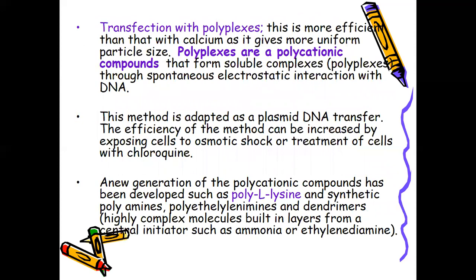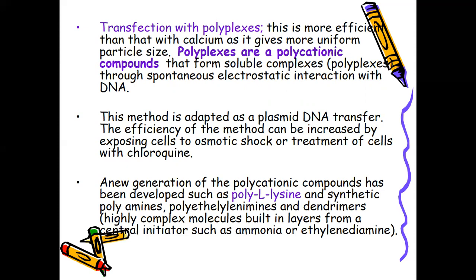Transfection with polyplexes is more efficient than the calcium phosphate method as it gives more uniform particle size. Polyplexes are polycationic compounds that form soluble complexes through spontaneous electrostatic interaction with the DNA. This method is adapted for plasmid DNA transfer.